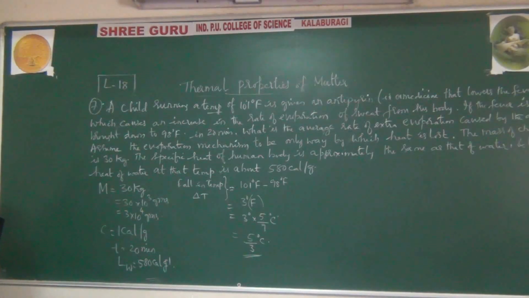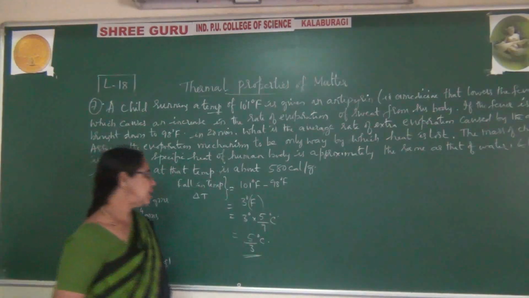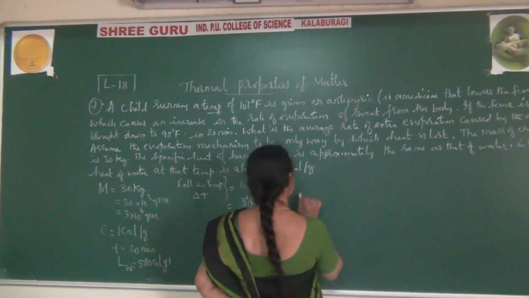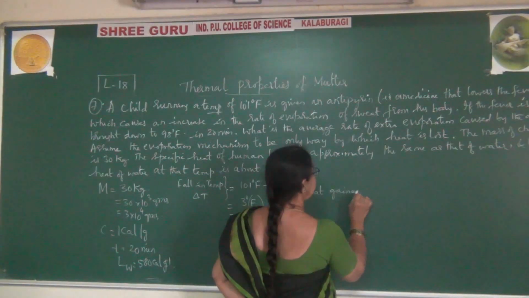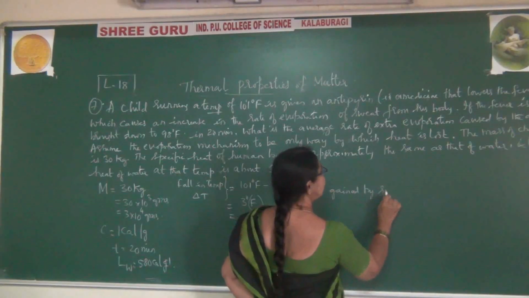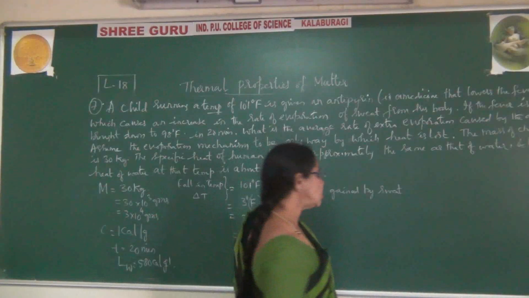Now let me calculate how much mass has been sweated in the form of evaporation. So let me calculate heat gained by sweat. Heat gained by sweat means whatever the heat is there, that is gained in terms of sweat.